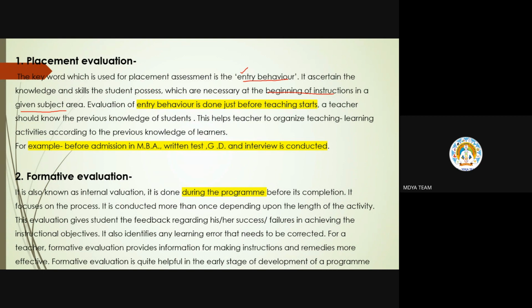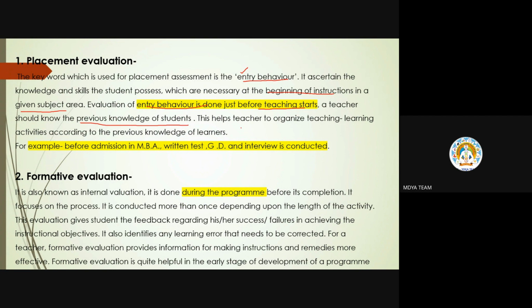Evaluation of entry behavior is done just before the teaching starts. A teacher should know the previous knowledge of the student. If a teacher is teaching a learner and knows the intelligence level of the student, it is easy for the teacher to teach them, because it will help the teacher use their existing knowledge.